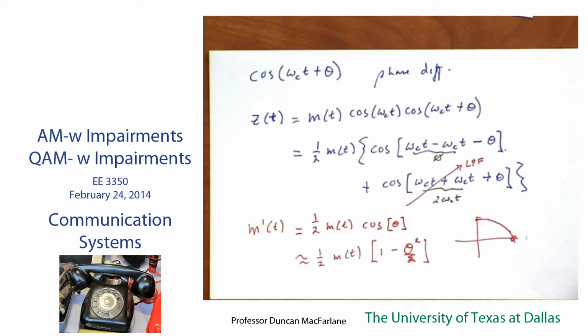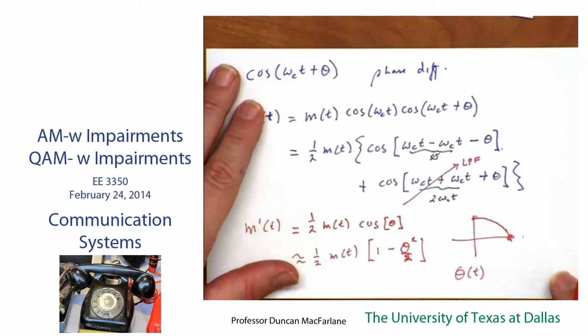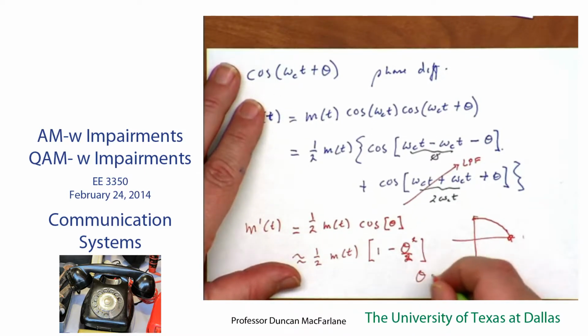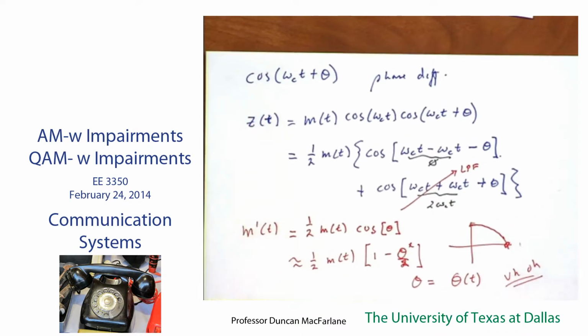If I'm sloppy enough to have a phase shift, I'm probably sloppy enough not to fix it into place. Which means that's going to slide all over the place, which means I'm probably going to have theta of t. And then I'm back exactly to where I was before.